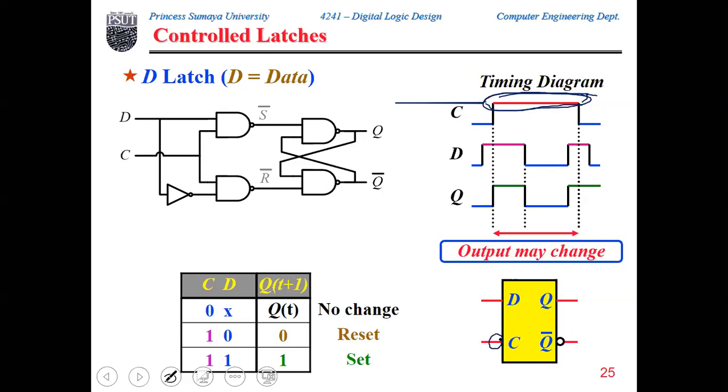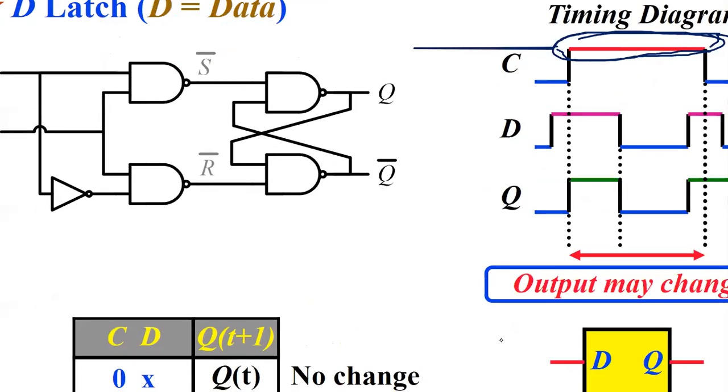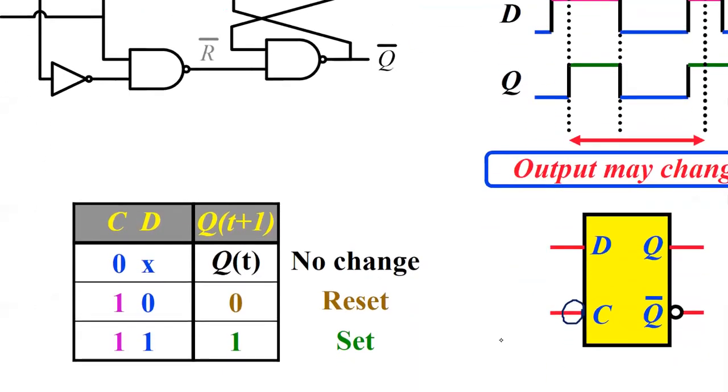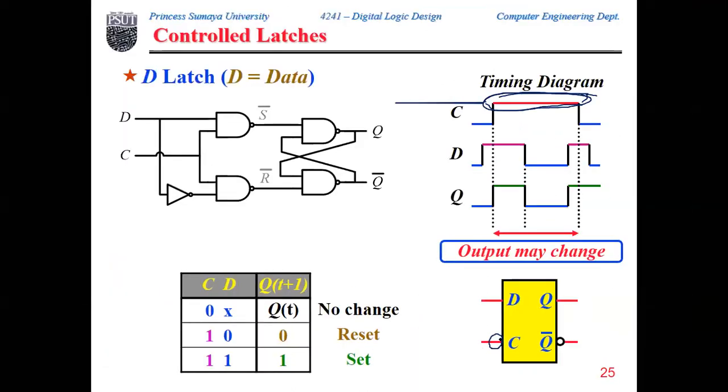So if there is a bubble here, then the latch is enabled when the clock is 0. If there is no bubble, then this implies that the latch is positive pulse triggered, or enabled when the level of the clock is high, or positive, or 1. Okay, so please remember this.